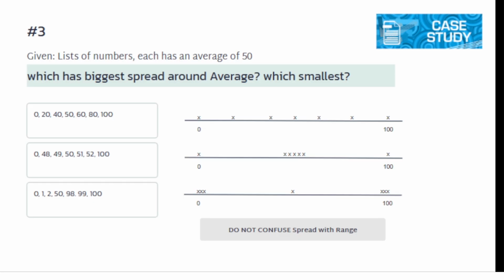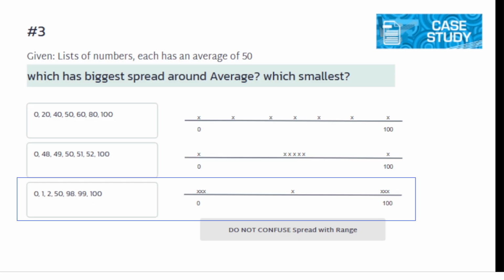The last one, you can see 0, 1, 2, then 50, the average, and then 98 jumps to the higher end, the last 3 numbers. So if you put it on a sketch, visually you can see that the highest spread around the average is for the last list of numbers, as you can see, right?